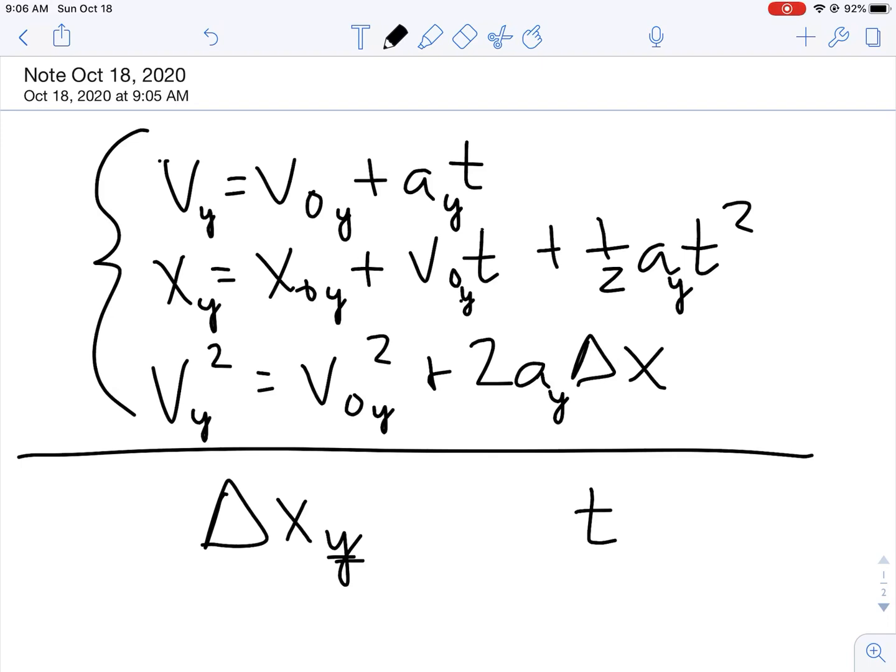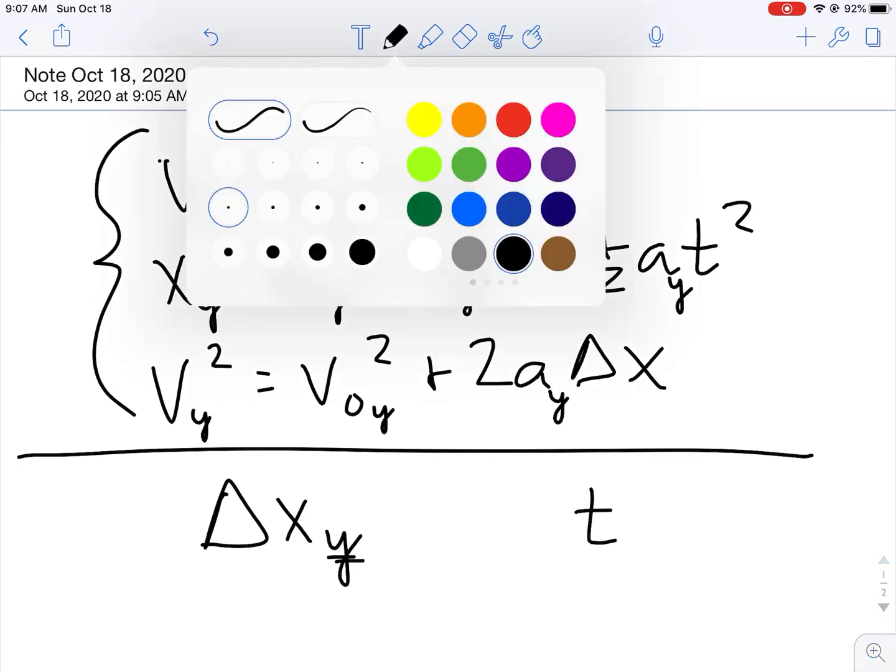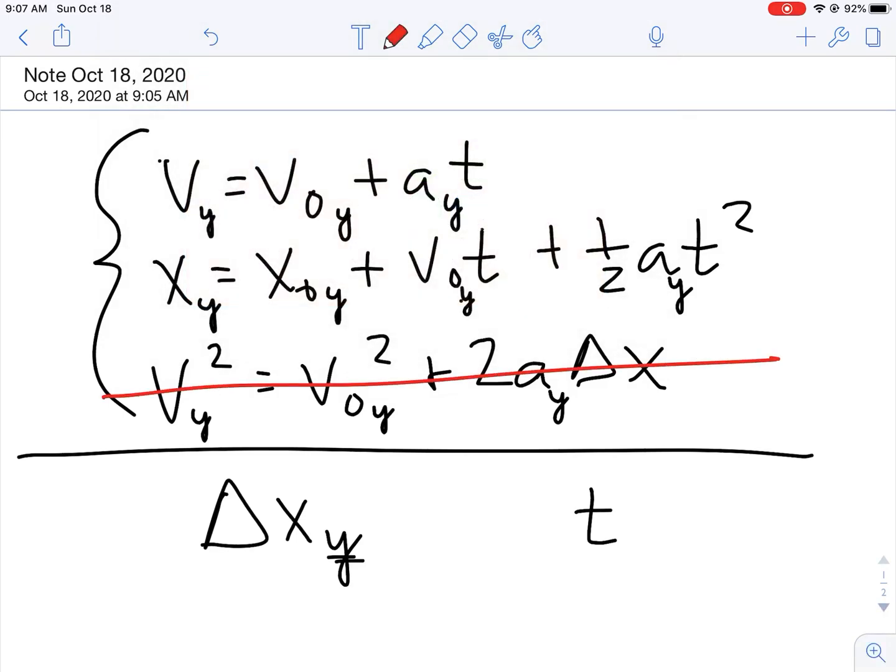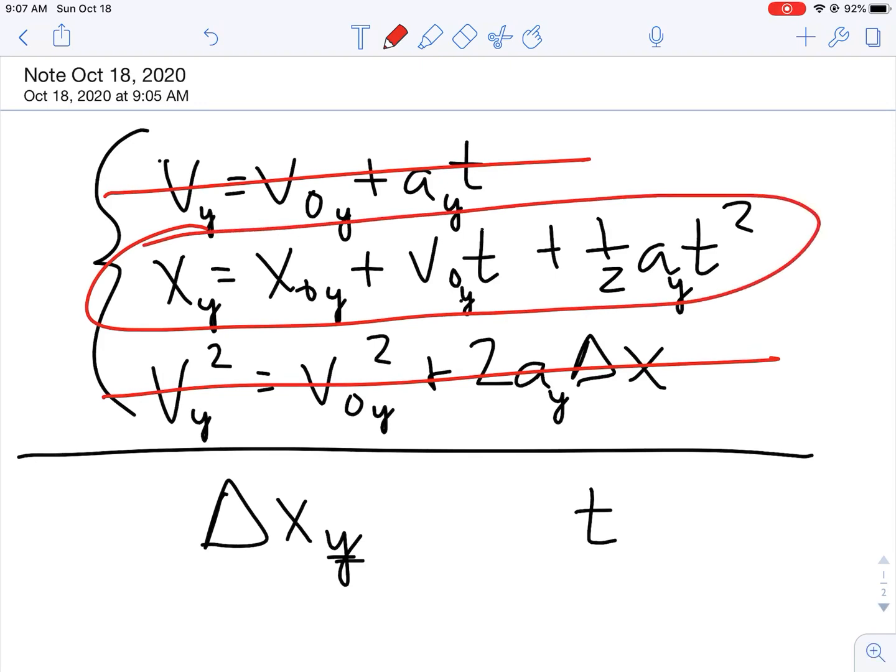So, which equation looks like it could link time and change in height? Well, definitely not this one, because there's no time, right? And definitely not this one, because there's no displacement. So we're going to use this equation right here. Now, our initial height was 0, right?